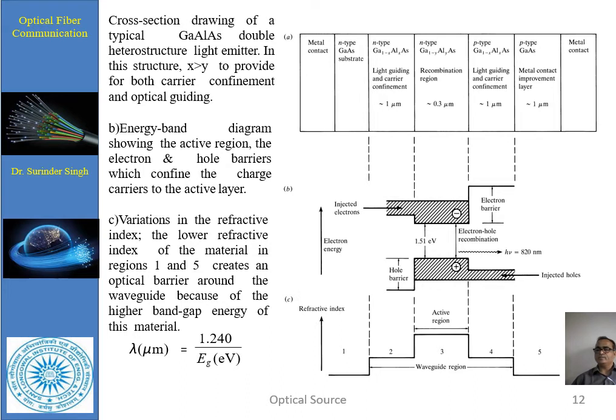Other factors influence device performance, like optical absorption in this region, carrier recombination at the heterojunction interface, doping concentration, injection carrier density, and active layer thickness. All these have to be taken into consideration while designing or fabricating this.